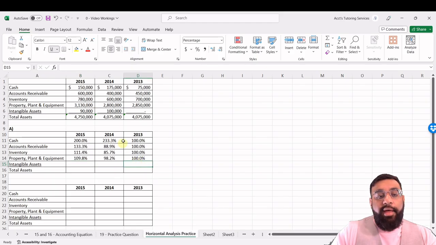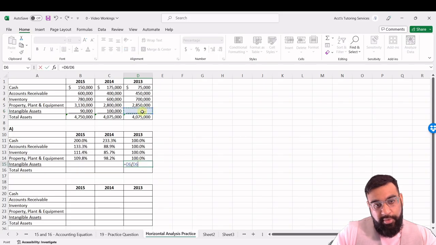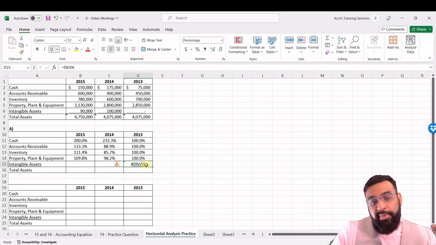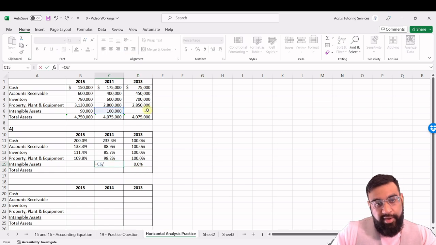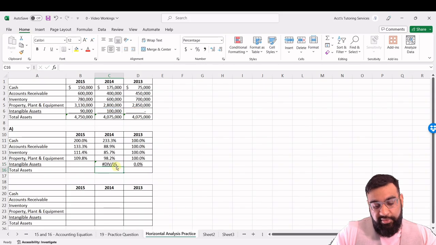Now for intangible assets. We're not given any intangible assets for 2013. So it's just going to be 0 divided by 0, which in this case is going to be just 0 because we can't calculate that. So 100,000 divided by 0 is going to give us nothing, right?